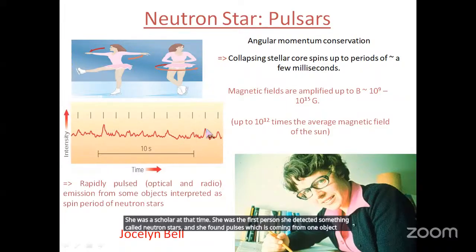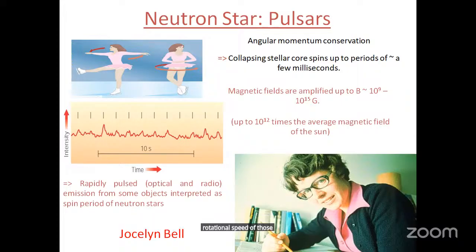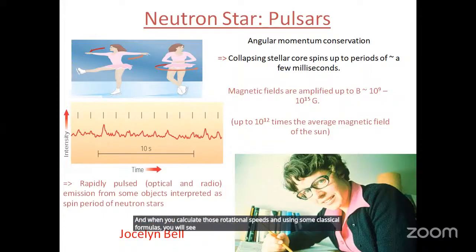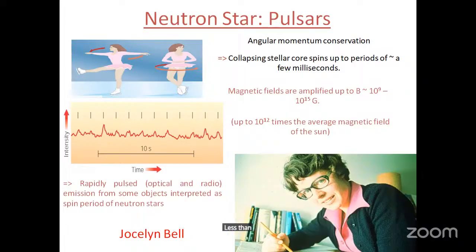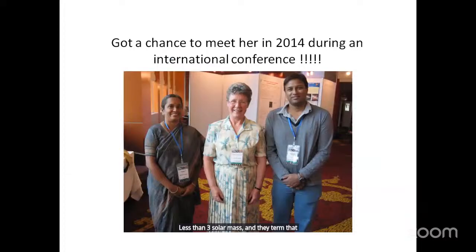The periodicity of the pulsar happens to be 33 milliseconds, which is considered to be the rotational period of those pulses. When you calculate using some classical formulas, you will see that the radius has to be of the order of 20 kilometers, and the mass has to be less than 3 solar masses, and they termed those pulsars, which are basically neutron stars.